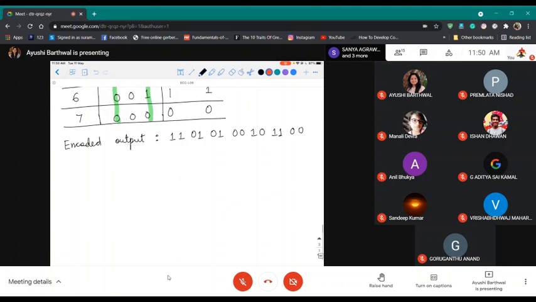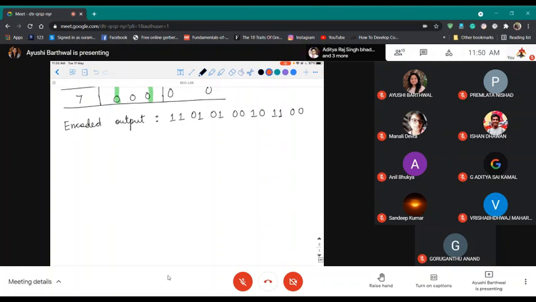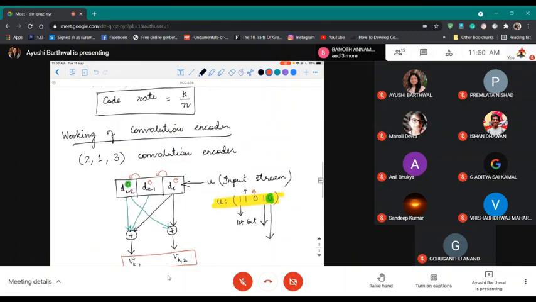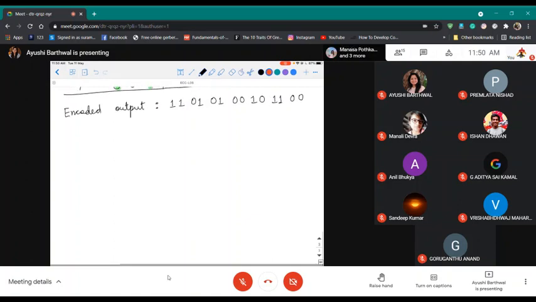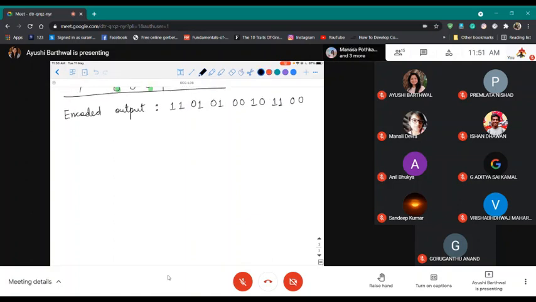Now try repeating, or try obtaining the encoded output for the input message stream.